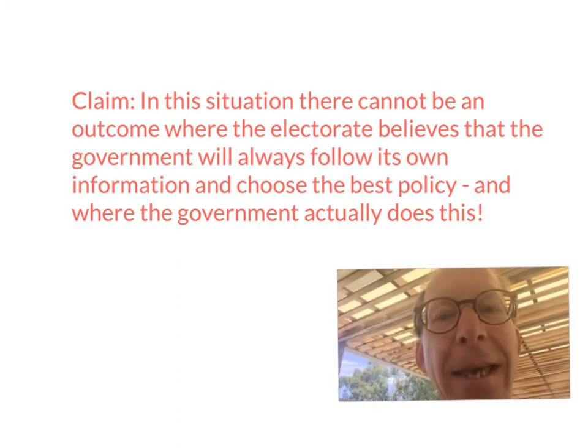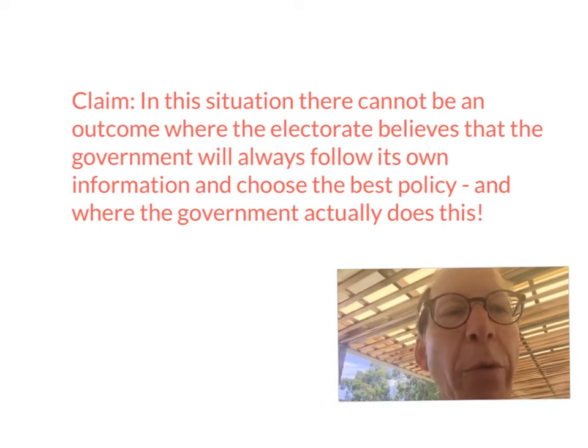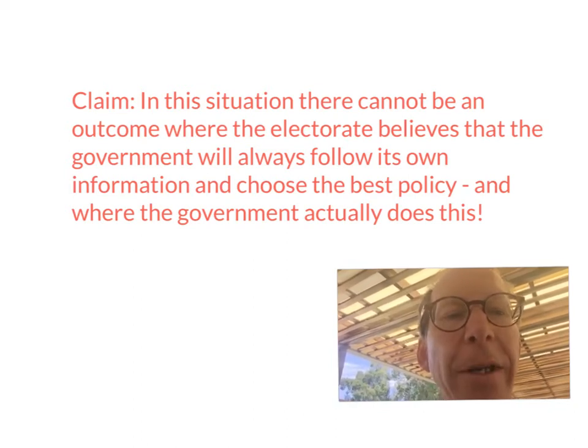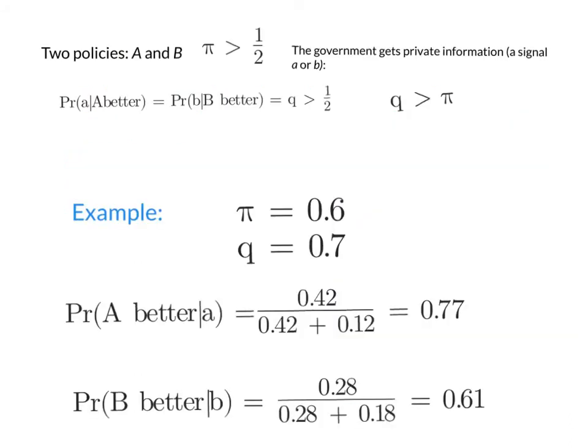So what I'm really claiming here is a negative result, in the sense that we know what we want the government to do, the government will not always do it. The result is actually pretty clear from Bayes' rule and our definition of a Nash equilibrium. To see that, let's just use a simple example and work through it.